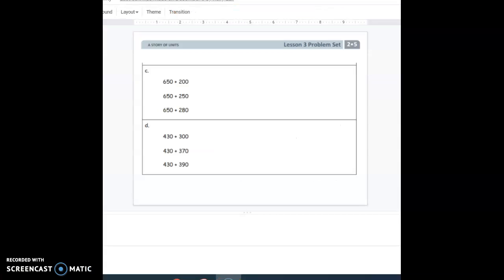All right, we're going to solve this problem using the arrow way. We're going to look at C and D. There's several problems in here, okay? So let's look at C. The first one says 650 plus 200. So we always write down 650. That's the first number, and we draw the arrow.